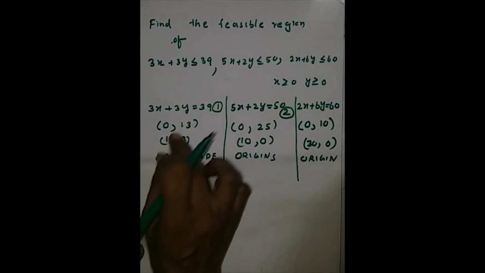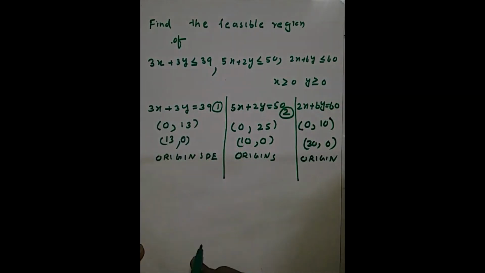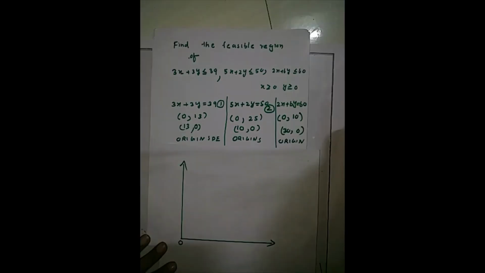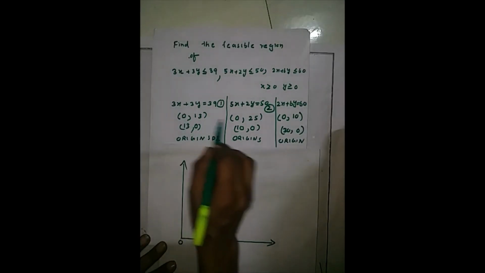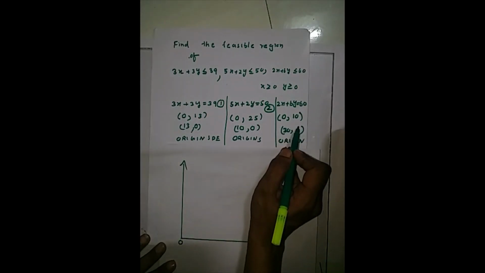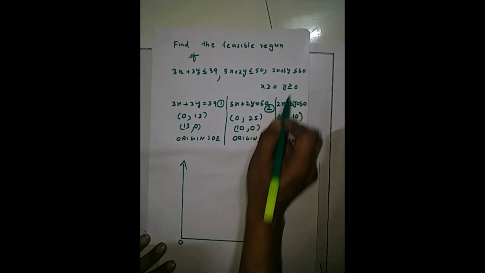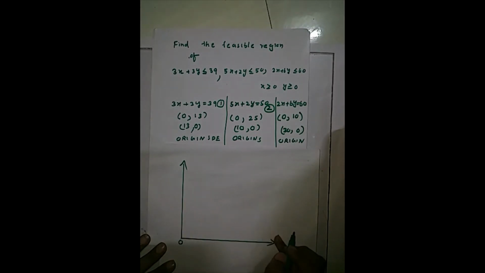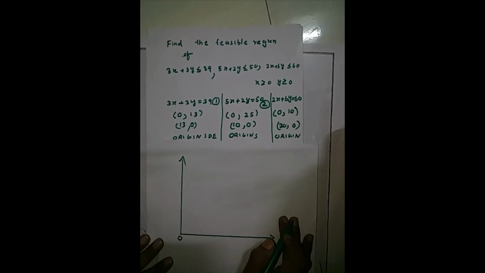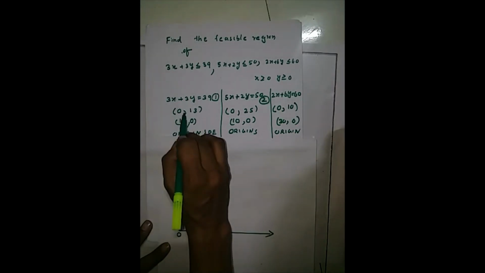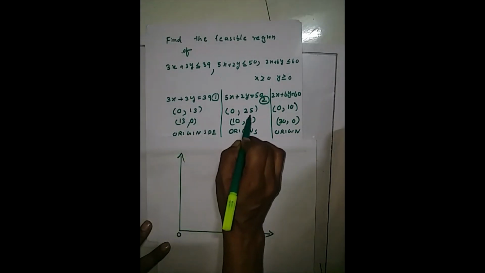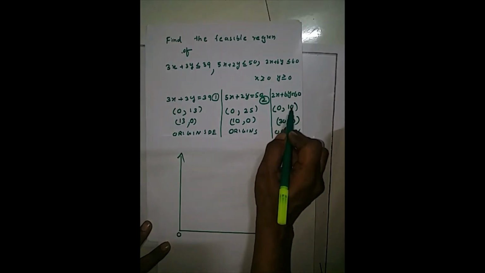We have to plot these 2 points, draw the line. Here all points are positive, so we require only these 2 lines. And since x and y are positive, we will shade this region only. The points are 0, 13, y-axis 13, 0, 25, y-axis 25, 0, 10, y-axis 10.